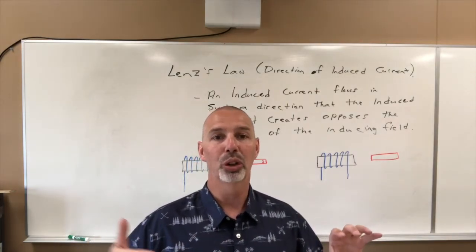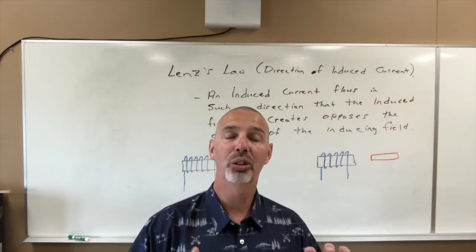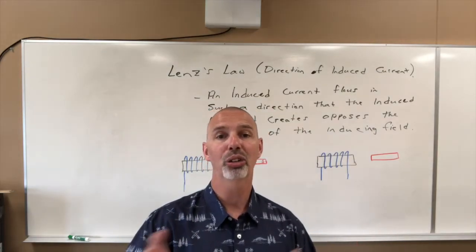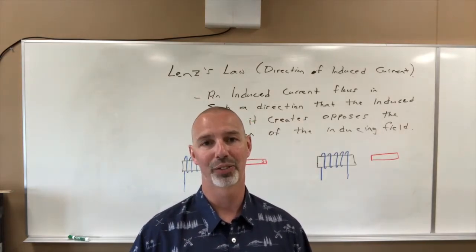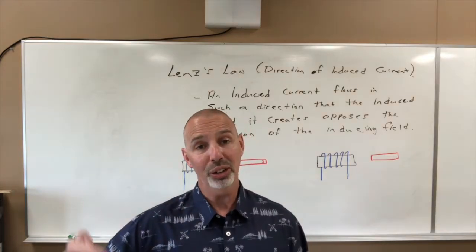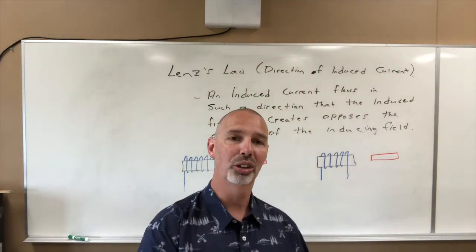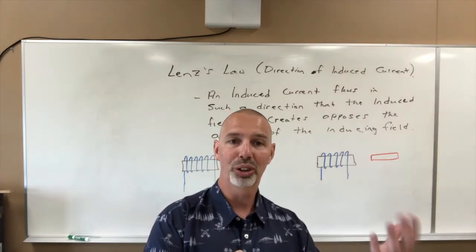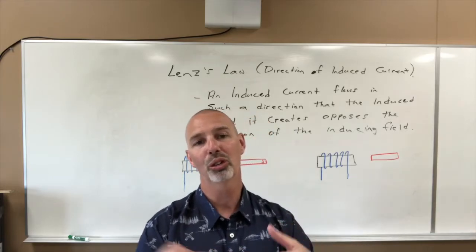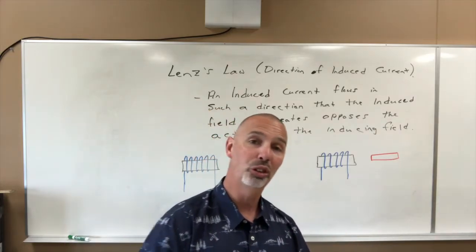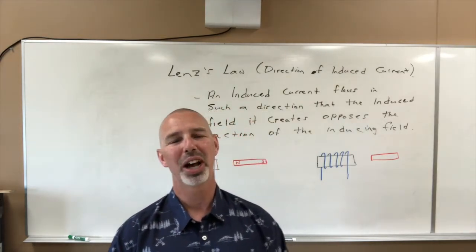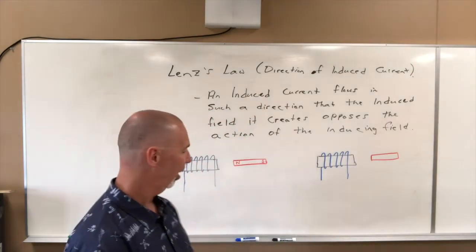What's happening there is we're inducing a current, and that induced current in the solenoid will induce a magnetic field. All right, so by inducing current, we're also inducing a magnetic field. And so Lenz is saying that the inducing field, the one that's causing the induced current, and then the induced field, that induced field will be in such a way so that it opposes the motion of the field that was doing the inducing. And again, very complicated wording. Well, let's do a diagram and I'll see if I can make this work for you in your heads.